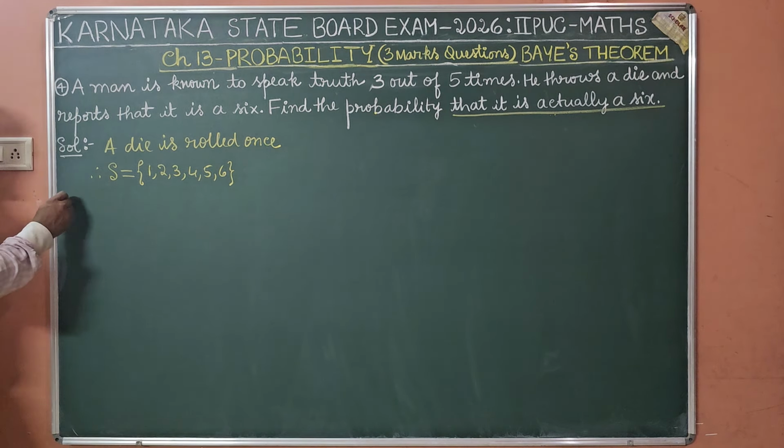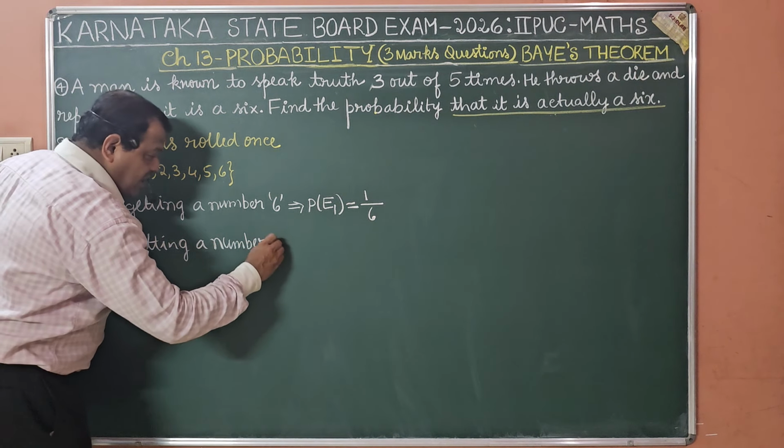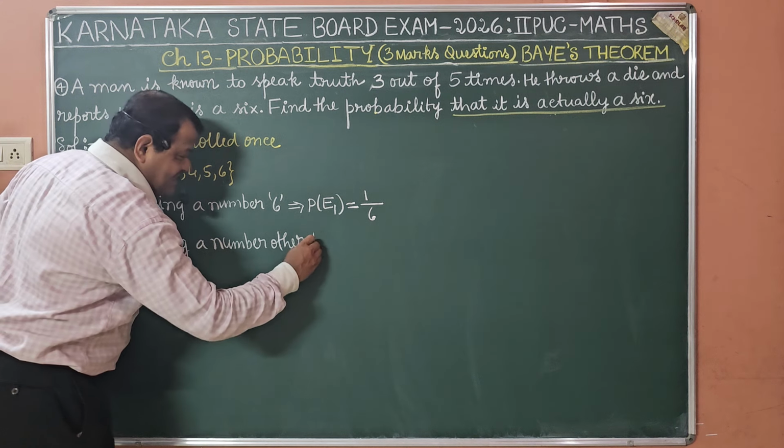So what is the probability of E1? There are 6 outcomes in the denominator, and in that number 6 is 1, so 1 by 6. Then let E2 be the event of getting a number other than 6.